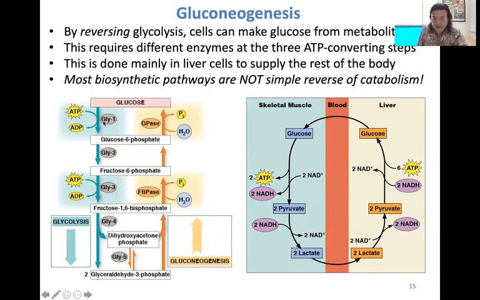For example, the enzymes like glycolysis enzyme 1 and glycolysis enzyme 3, they needed to break ATP to ADP in order to make the reaction happen, right? So those are not necessarily reversible. So you would have other enzymes that take their place at those steps, right? But the other steps that don't require energy being invested, these enzymes can work in both directions.